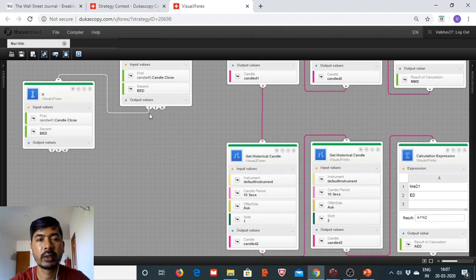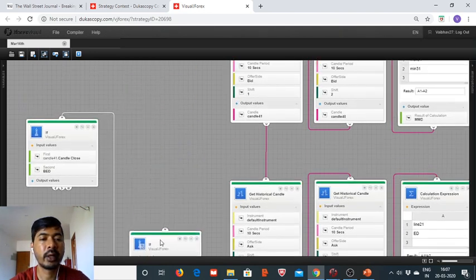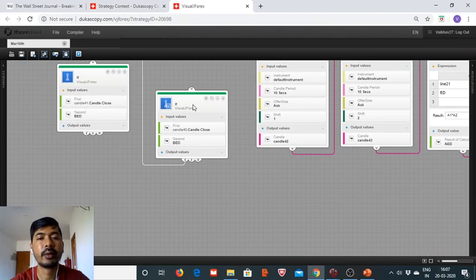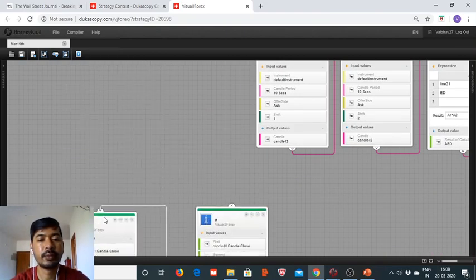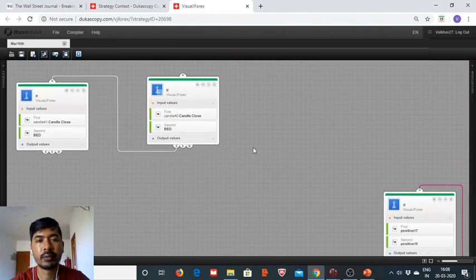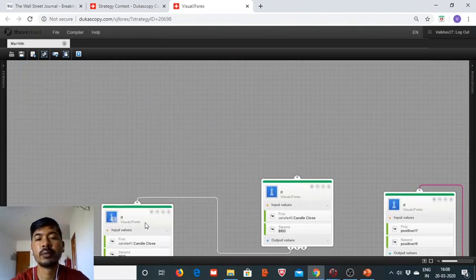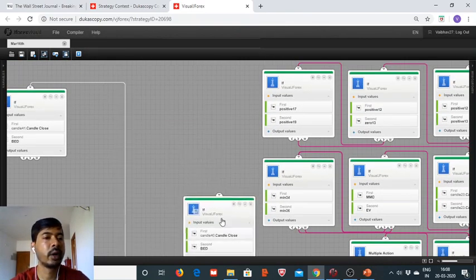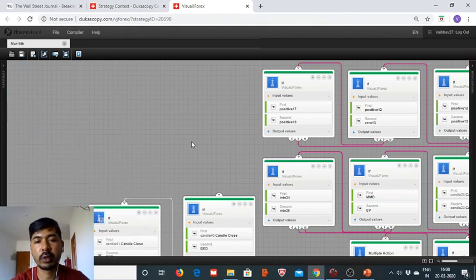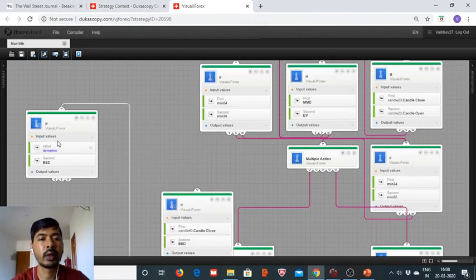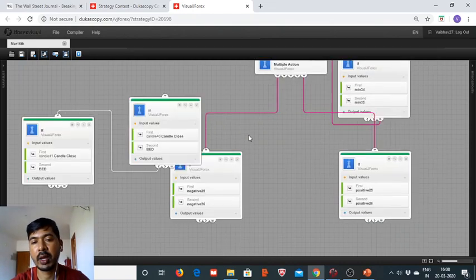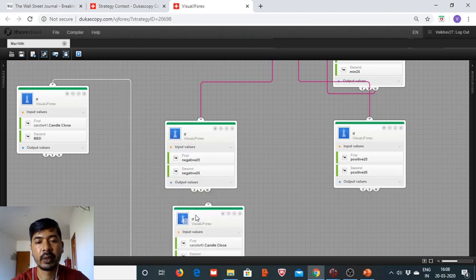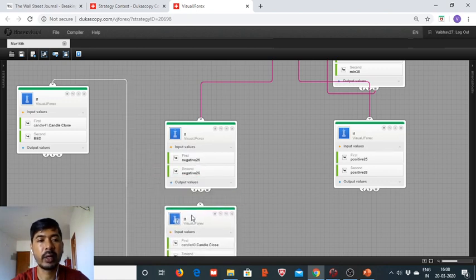So we take this and connect it to the market at open. So here our buy trading setup is almost getting completed, but I don't think today we will be able to finish it, as we have to define the other parameters as well.